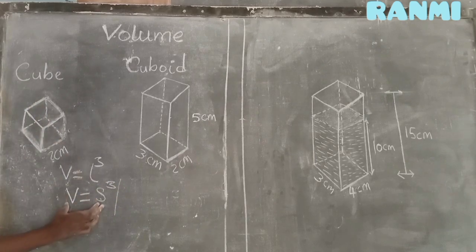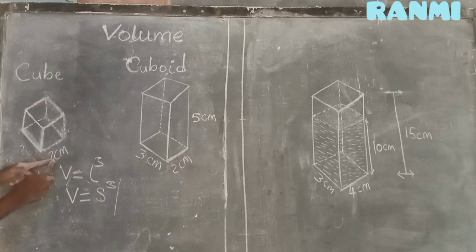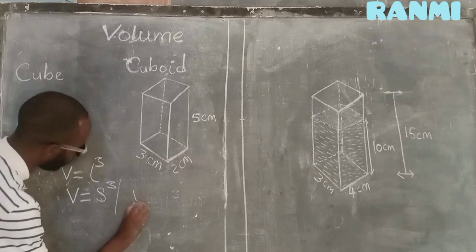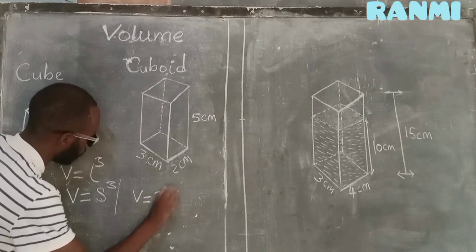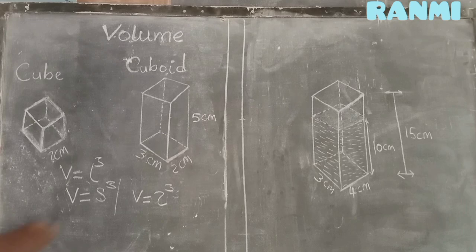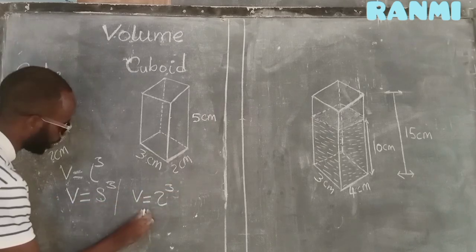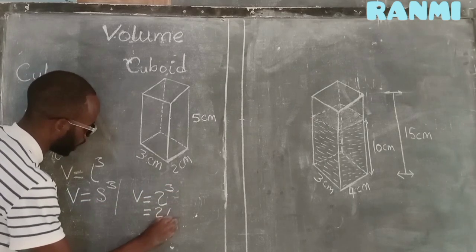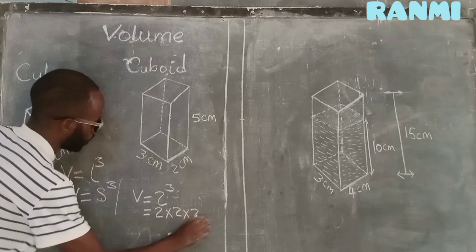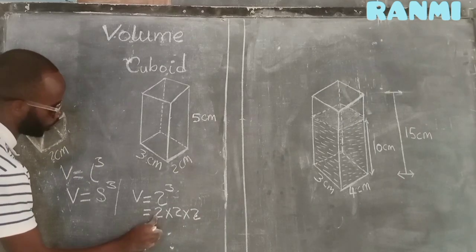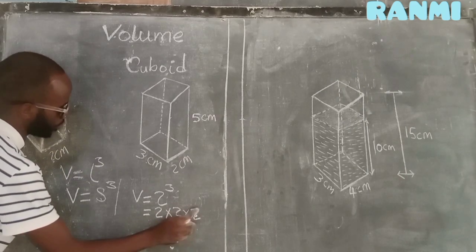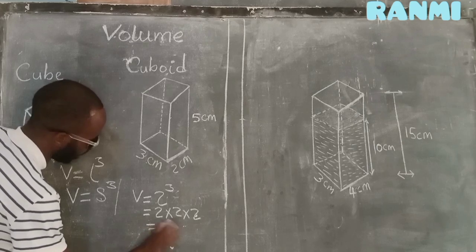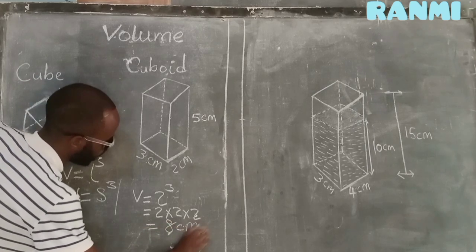We can easily use this formula to calculate the volume of a cube. So the number is 2. 2 to the power 3 is equal to 2 times 2 times 2. And 2 times 2 is 4. 4 times 2, we get 8. So the answer is 8 centimeter cubic.